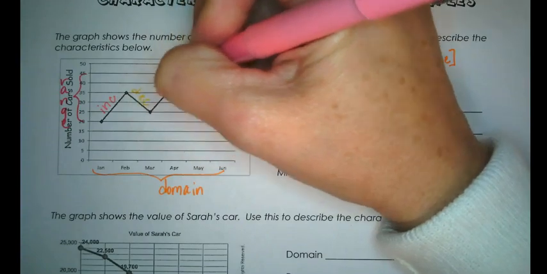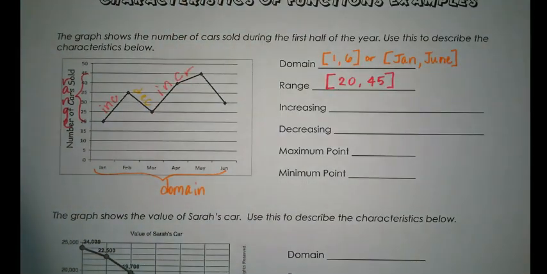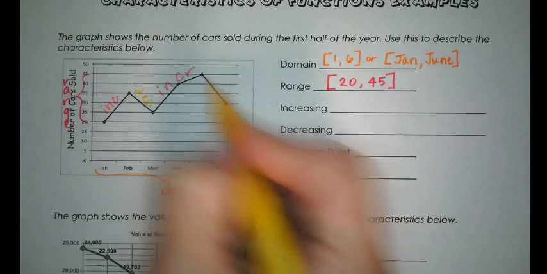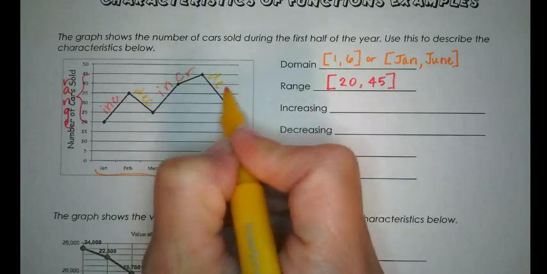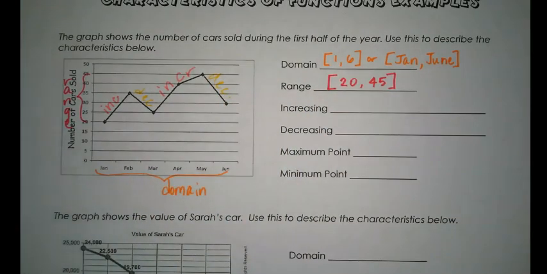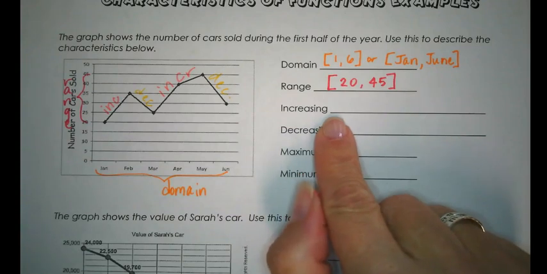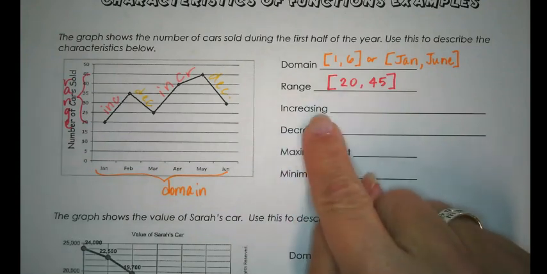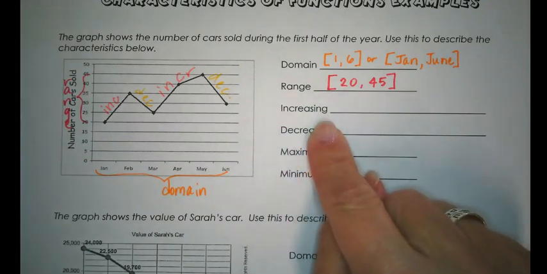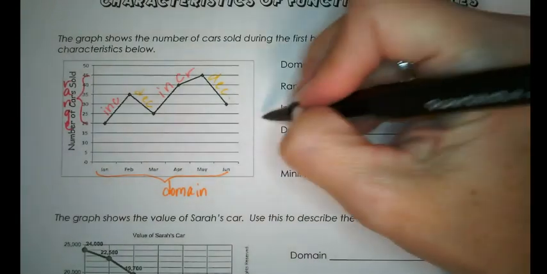So I'm going to say that that whole piece right there is an increase. And then right here at the end, our sales went down again. So first thing I'm going to do is label the graph. Then what I'm doing over here is I'm going to say when this is increasing and when it is decreasing.